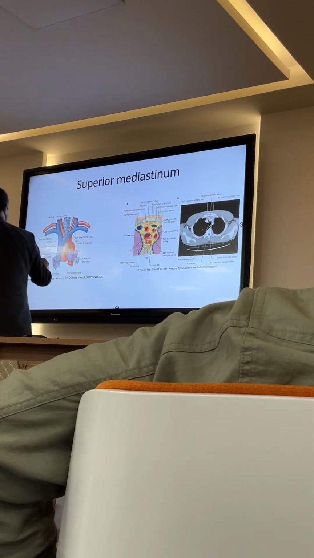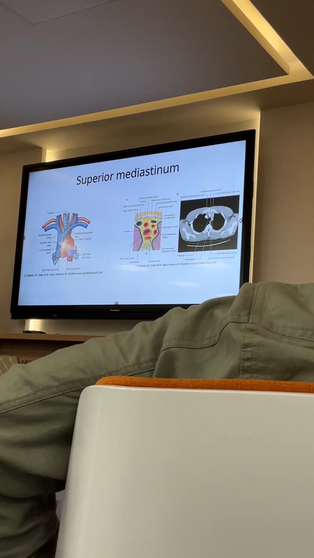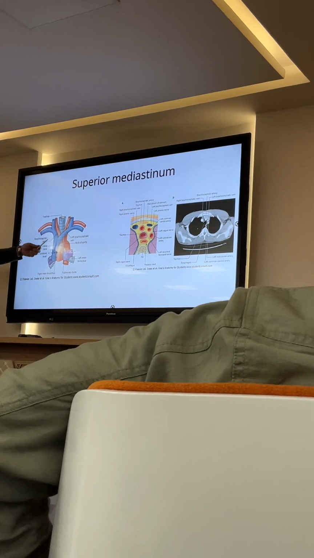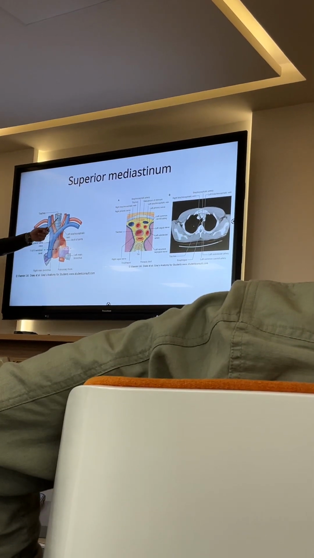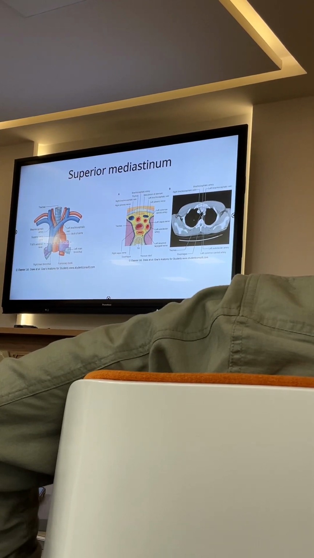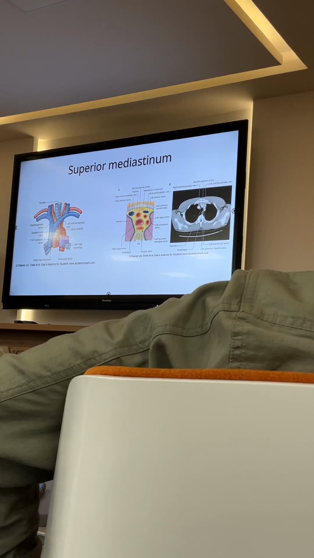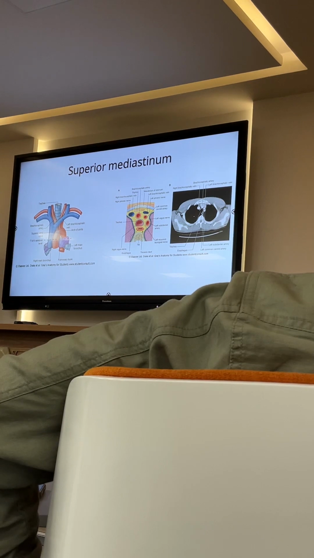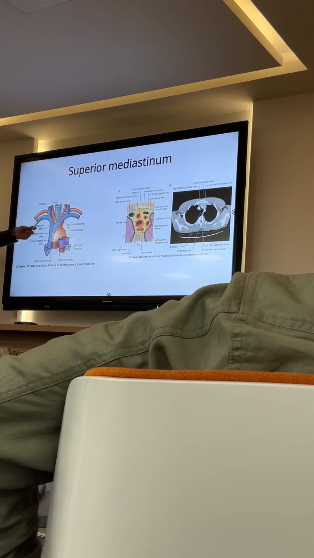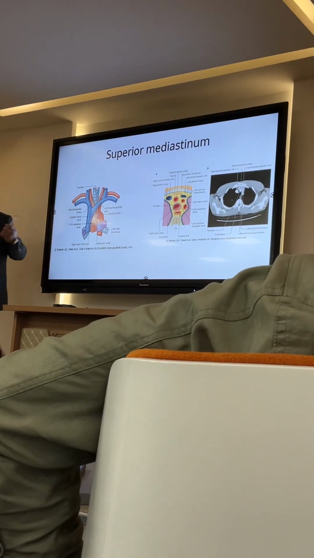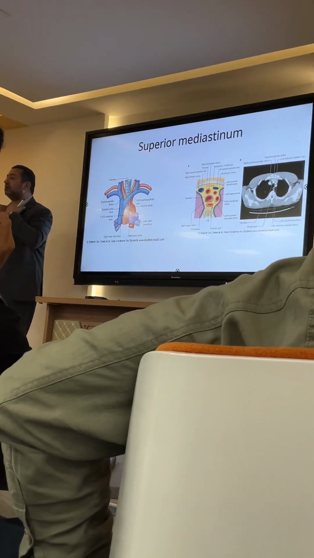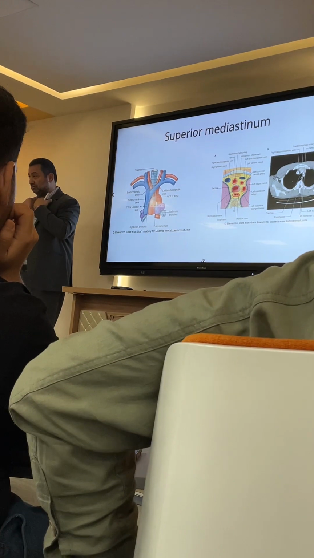You see here the left brachiocephalic vein and the right brachiocephalic vein. Each brachiocephalic vein is formed by the union of two veins, the internal jugular vein and the subclavian vein, posterior to the sternoclavicular joint.